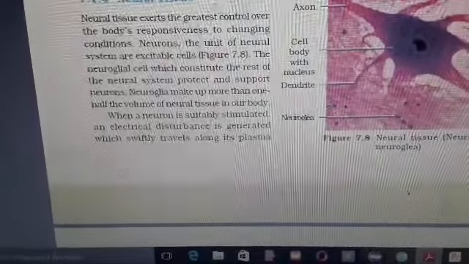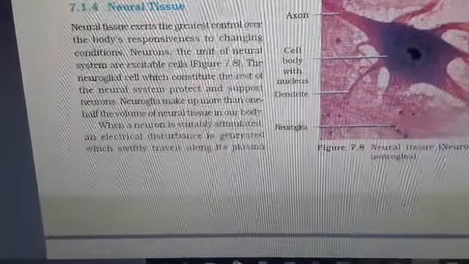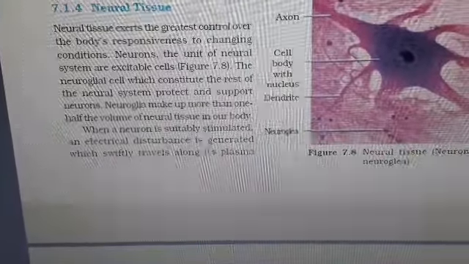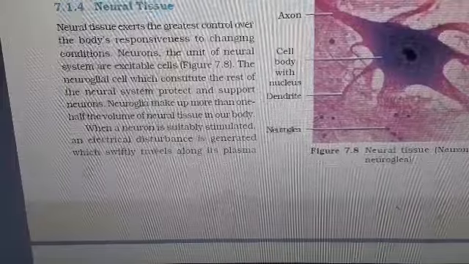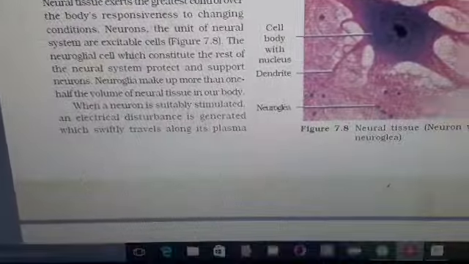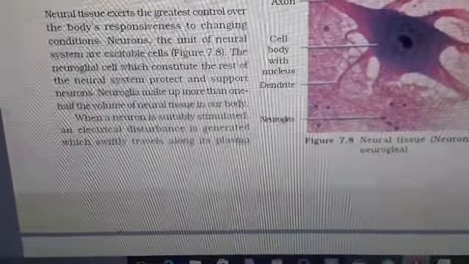Neural tissue exerts a great control over the body, responsive to changing conditions. Neurons, the unit of the neural system, are excitable cells. The neuroglial cells which constitute the rest of the neural system protect and support the neurons. Neuroglia makes up more than half of the volume of neural tissue in our body.